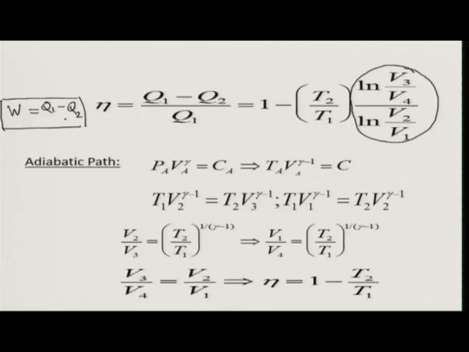You see, adiabatic process connects two paths, right? Step 2 and step 4, two processes. Now, in an adiabatic path, we always have Pa Va to the power gamma is equal to Ca, that we have repeatedly discussed.